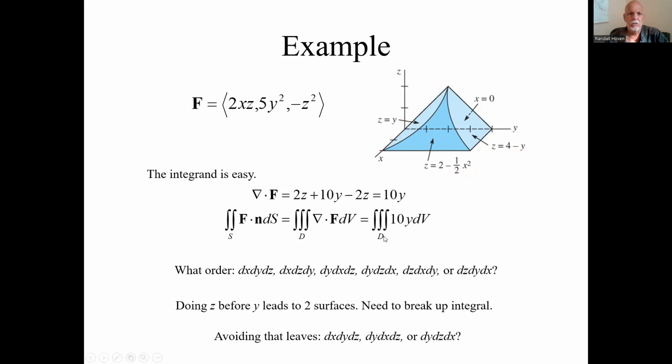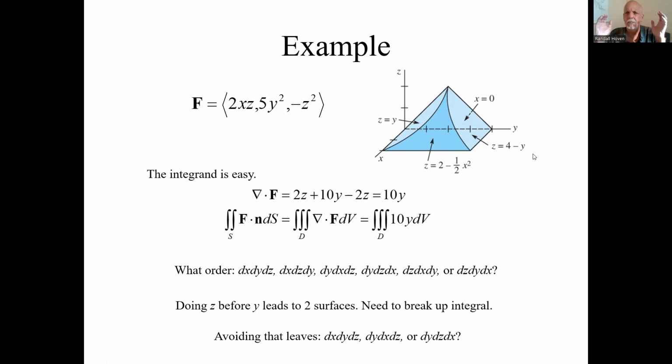If you do any order where you do z before you do y, you would need to break it up into the two different surfaces. On this side here, z equals y. But over here, z equals 4 minus y squared.